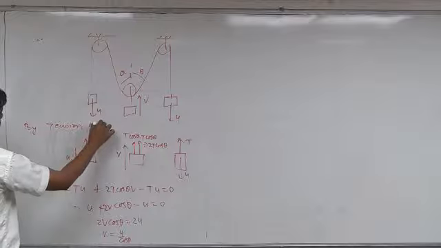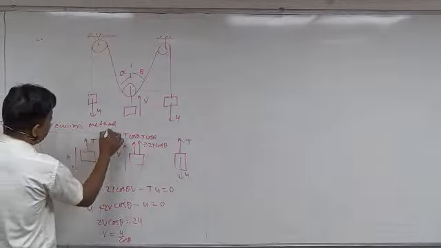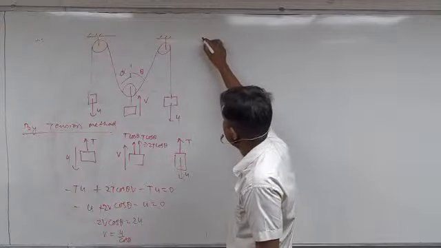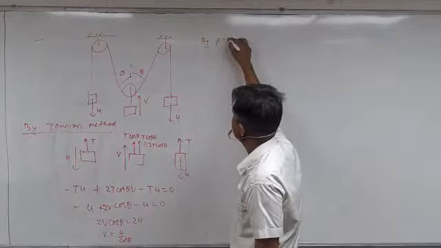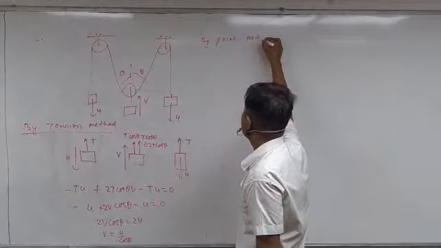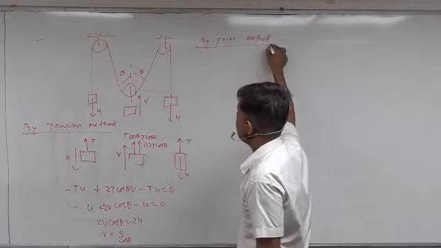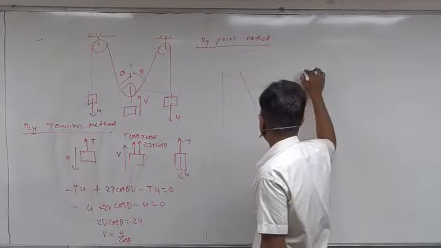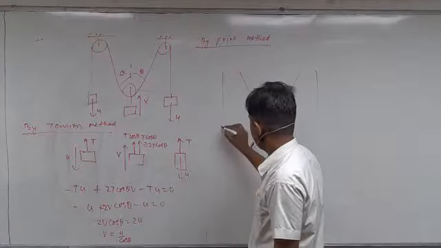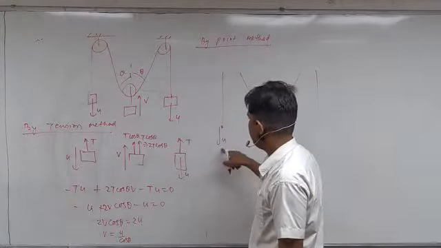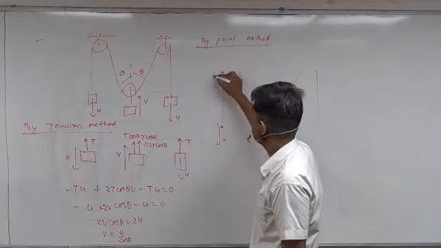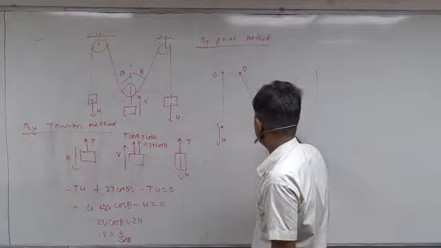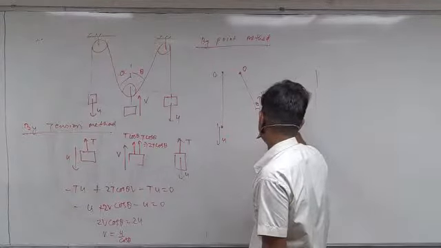And if we try to solve the same problem using string constraint by point method, I will draw the string segments like this way, and I will show all the positions of the velocity. This is 0, this is 0. It is moving up with v. Remember, this angle is theta. Moving up with v, this angle is theta.